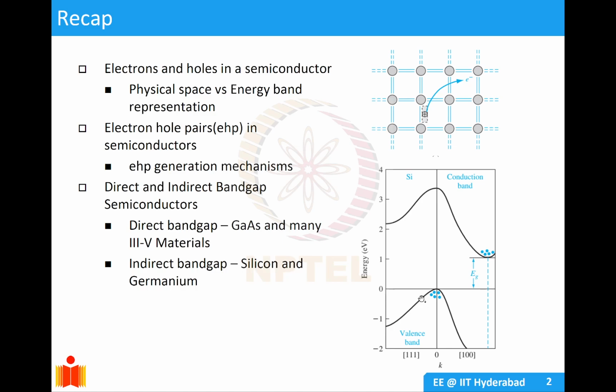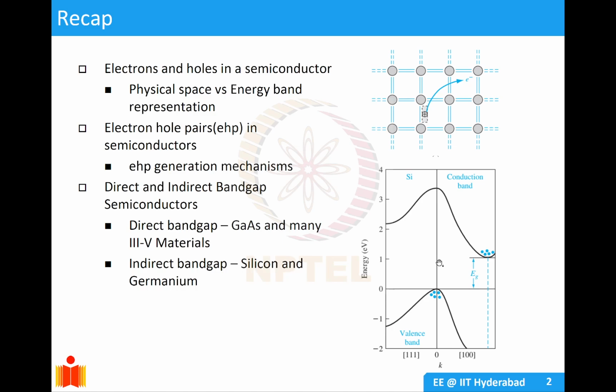The valence band is where all your filled states are, and the conduction band is where all your empty energy states are, and the gap between the highest point of the valence band and the lowest point of the conduction band is your band gap.